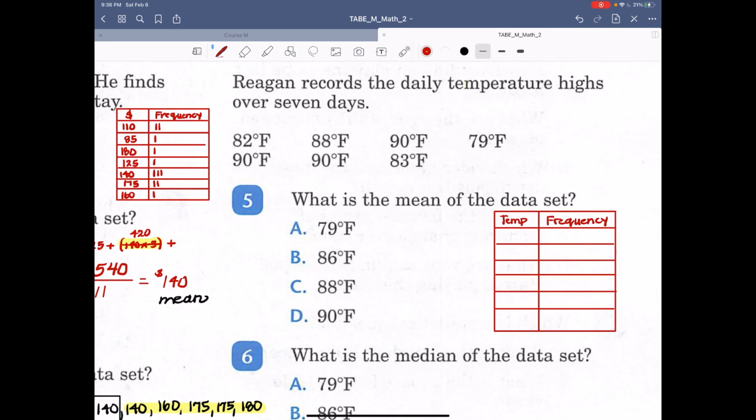So the first temperature she recorded was 82 degrees. And then I have a 90. I have an 88. I have another 90. And another 90. And an 83. And a 79.